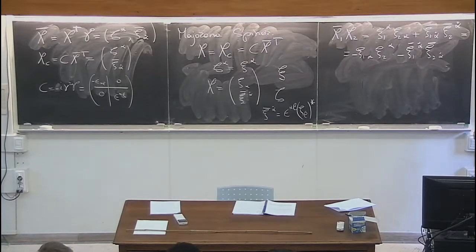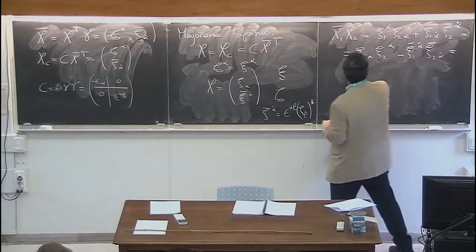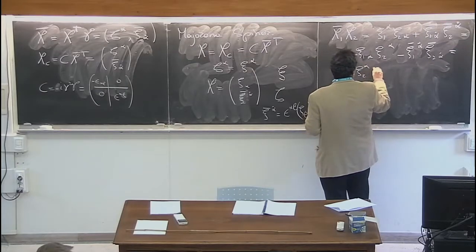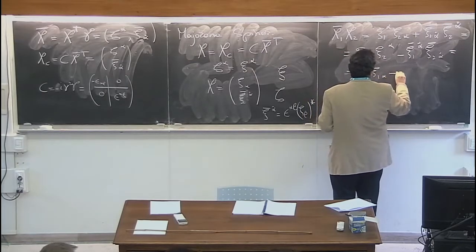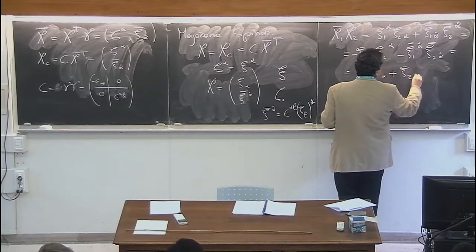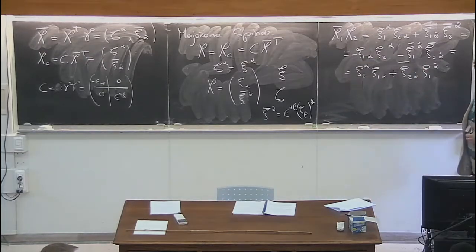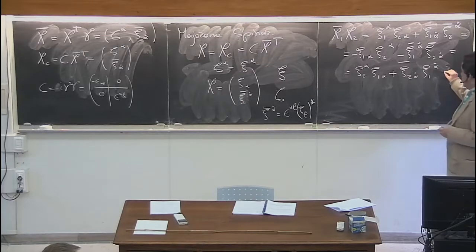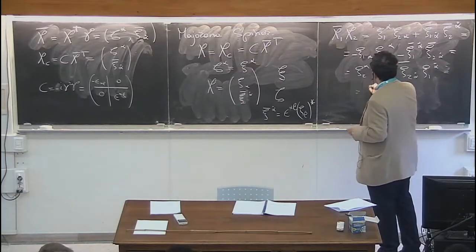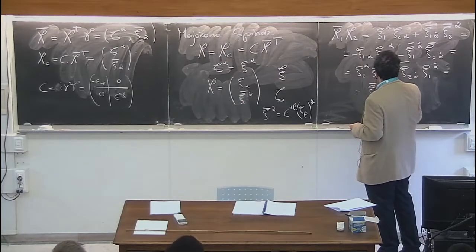But then the spinor components are Grassmannian numbers, so you get a minus sign if you switch their position. So xi2 alpha, xi1 alpha, plus xi2 alpha dot, xi1 alpha dot. But what is this? This is nothing but xi2 bar xi1.